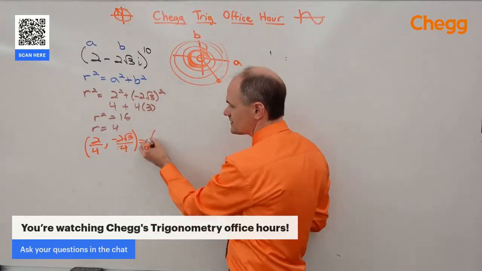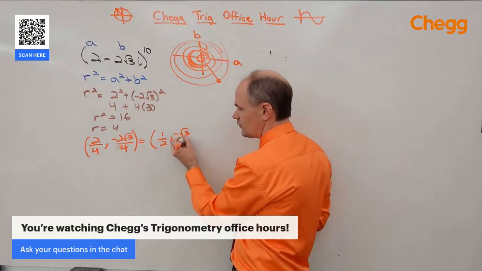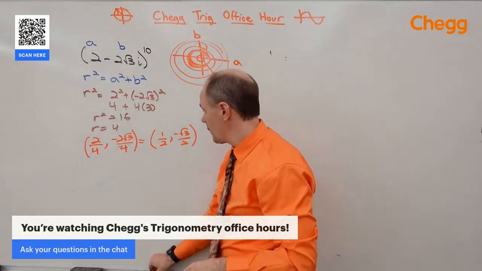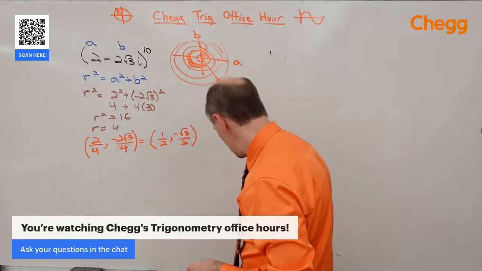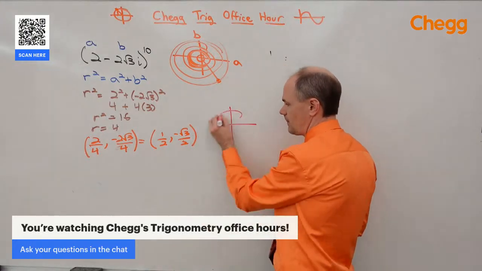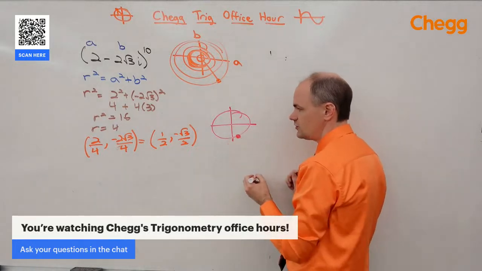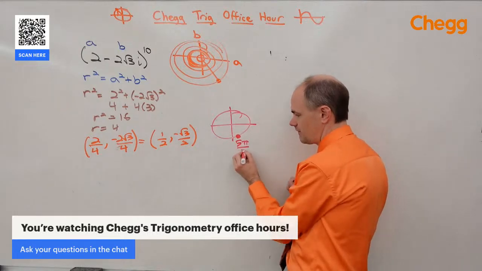And when I reduce that, it's going to give me a coordinate point of 1/2, negative root 3 over 2. That should look like a familiar point from our unit circle. Sure enough, on the unit circle, an x of 1/2 and a y of negative root 3 over 2, what is that, 5 pi over 3?